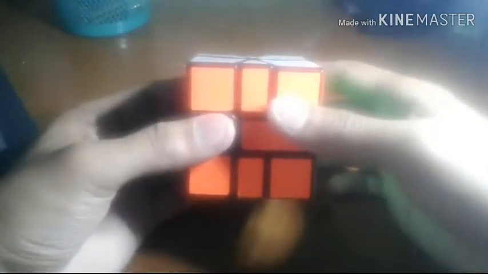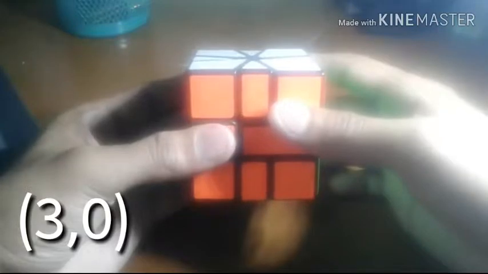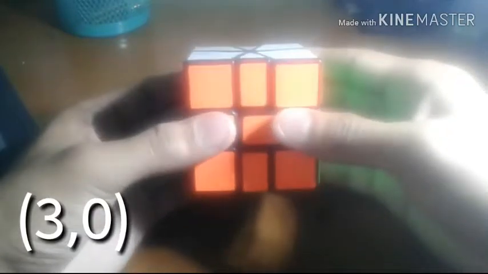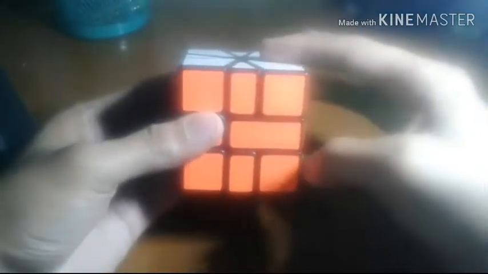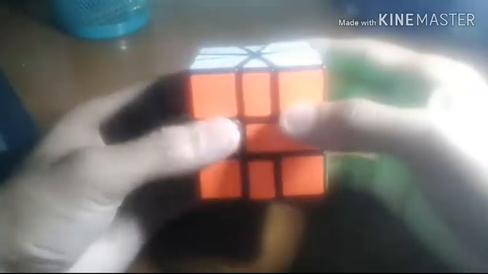Since the next number is 0, nothing is applied to the bottom layer and it remains intact. The second example is 3, 0. The 3 is applied on the top layer, and the 0 means nothing is applied on the bottom. So the first 3 goes like that.